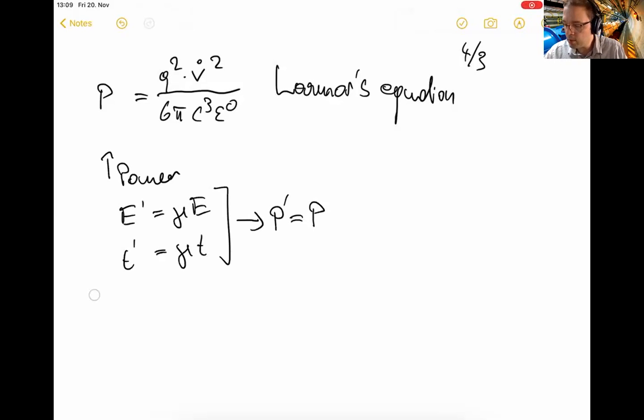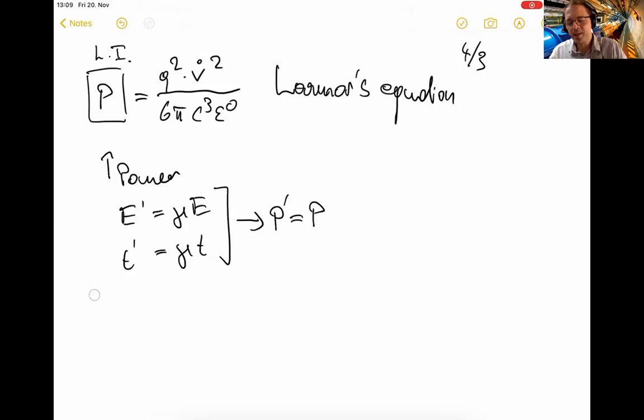So we know for a fact that the quantity here on the left is Lorentz invariant. If the quantity on the left is Lorentz invariant, the quantity on the right is also Lorentz invariant.